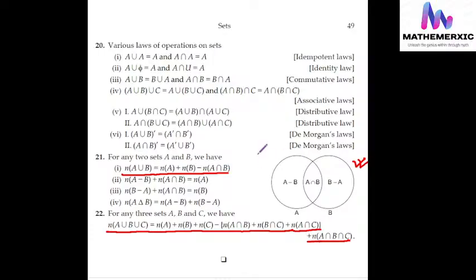And the complement of A union B will be equal to A complement intersection B complement. That is De Morgan's law. And one more law: the complement of A intersection B will be A complement union B complement.